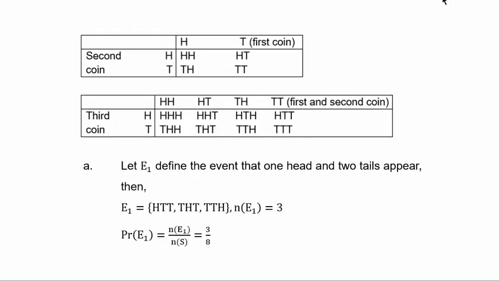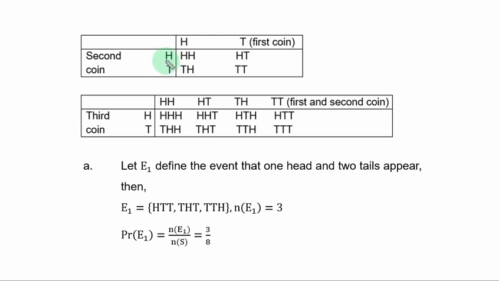To generate the sample space, you need to pair the first and second coin together first. So the first coin, two sides, head and tail. The second coin, two sides, head and tail.